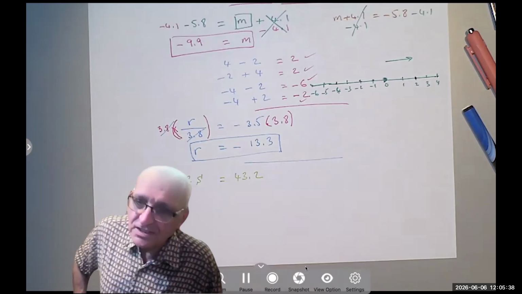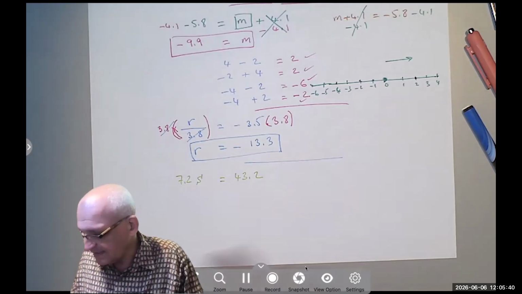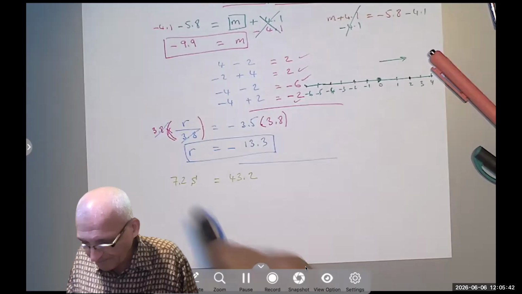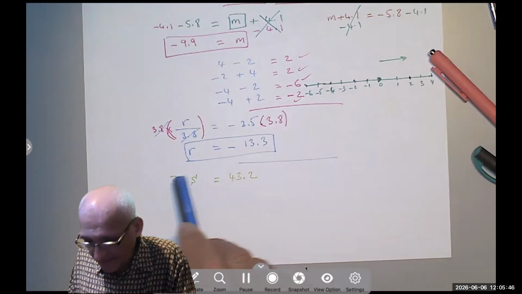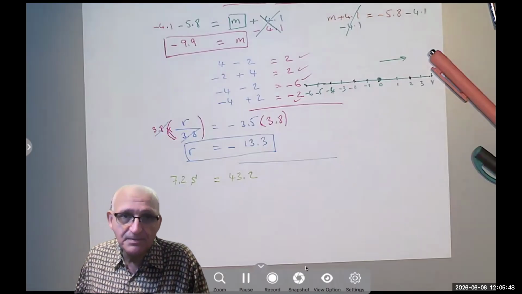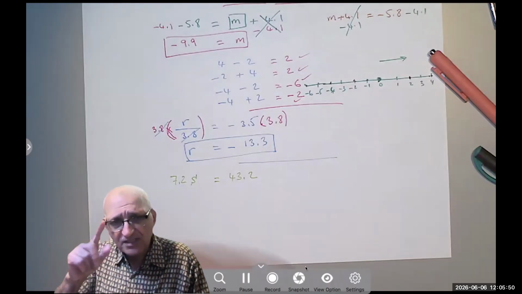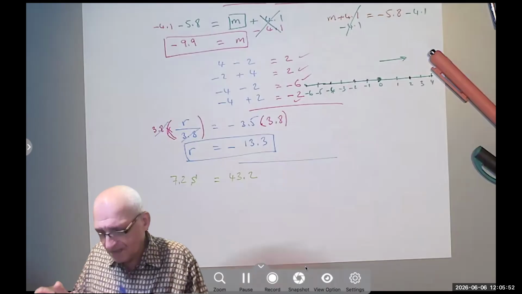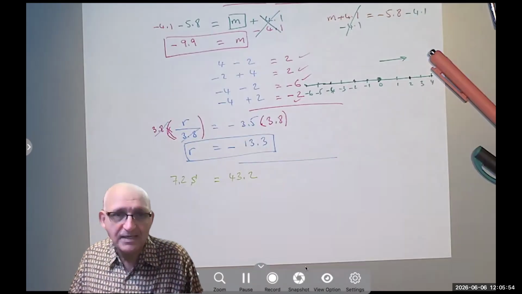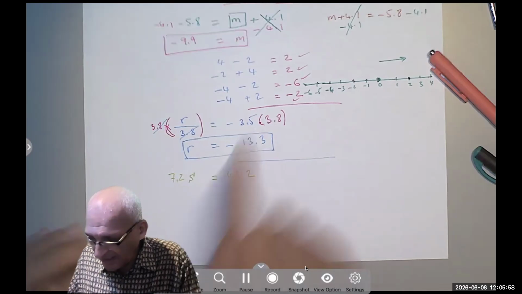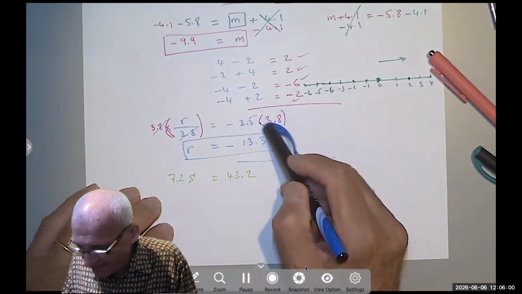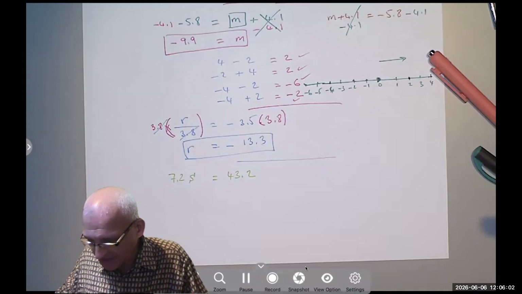Remember when I told you last time that if I don't see an operator between the number and the variable, it means it's a multiplication. We don't write x, we don't write a point, but we just leave it blank. Notice here also, I have a number and then a parentheses. Is that addition? Is that subtraction?